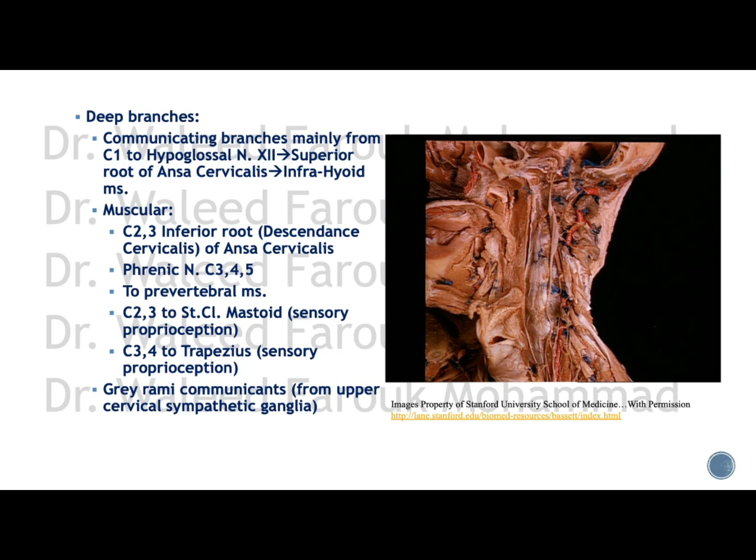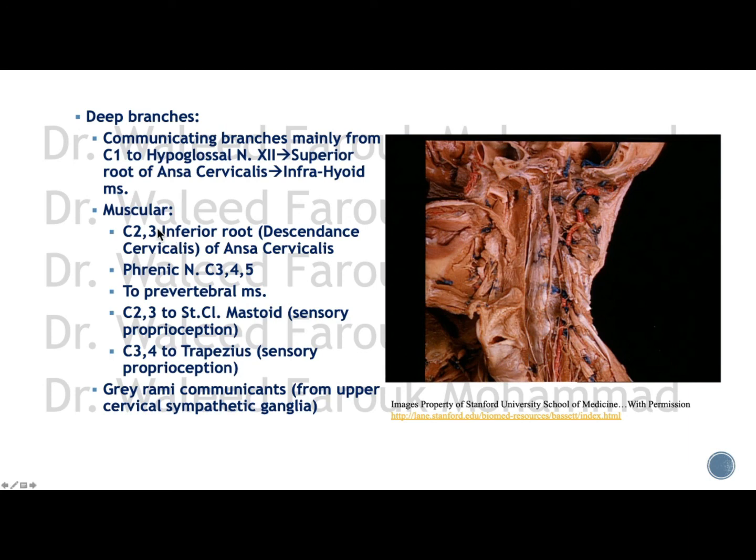So, in spite of the fact that the hypoglossal nerve is a cranial nerve, it gives off branches that do not belong to the nerve itself. It belongs to other nerves, like in this example, C1, and we will take a good look at the ansa cervicalis in the anterior triangle with the infrahyoid compartment.